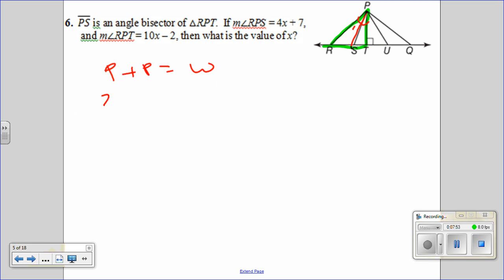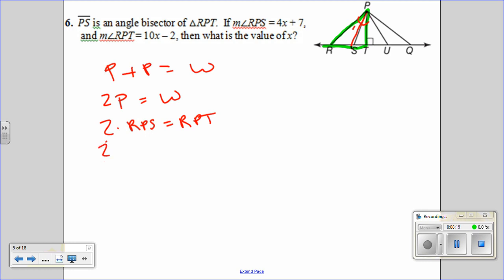Or you could say 2 times the little angle is equal to the big angle, which I also have demonstrated in the past. So that means 2 times my little angle, which is RPS, is equal to my big angle, which is RPT.